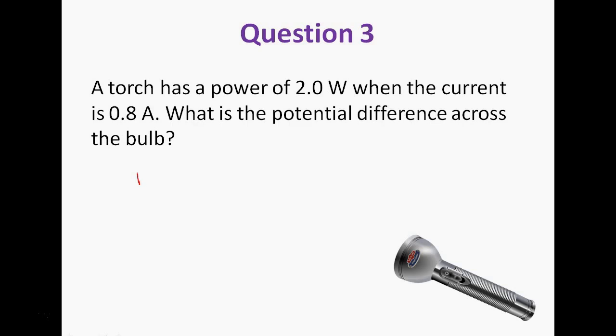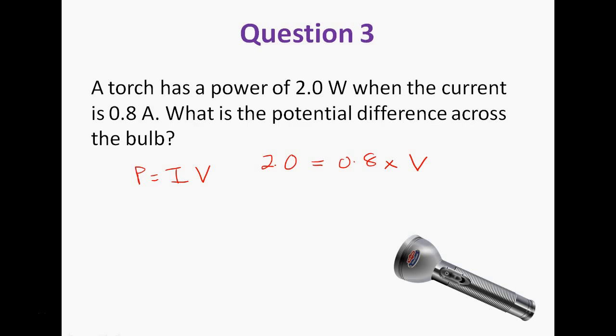So here I could write power is current times voltage, because I have power and current, but I don't have voltage. And then if I wanted, I could write 2 is equal to 0.8 times, and then the thing that I'm looking for, which is the voltage. And then a lot of people can see that they need to divide the 2 by the 0.8.